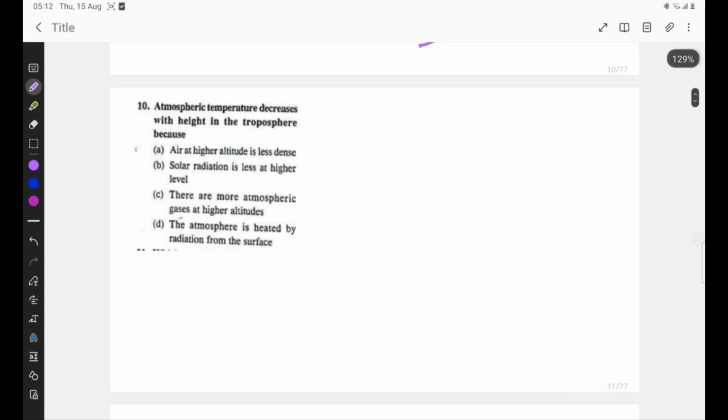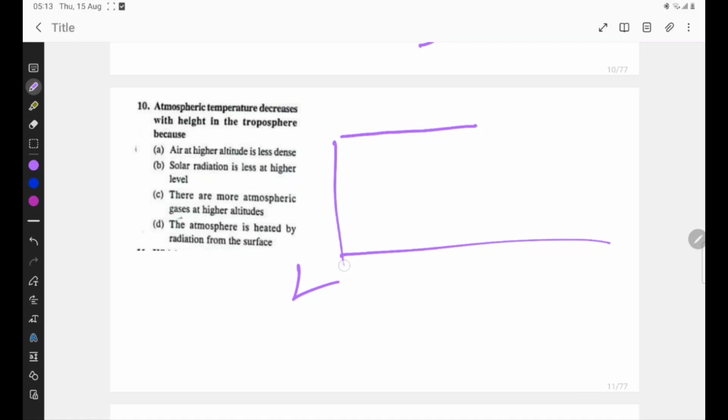Atmospheric temperature decreases with height in troposphere because... this is the land surface and this is the troposphere, and further the upper layers of the atmosphere. So the question is, what is the main reason behind the change of temperature in the troposphere?